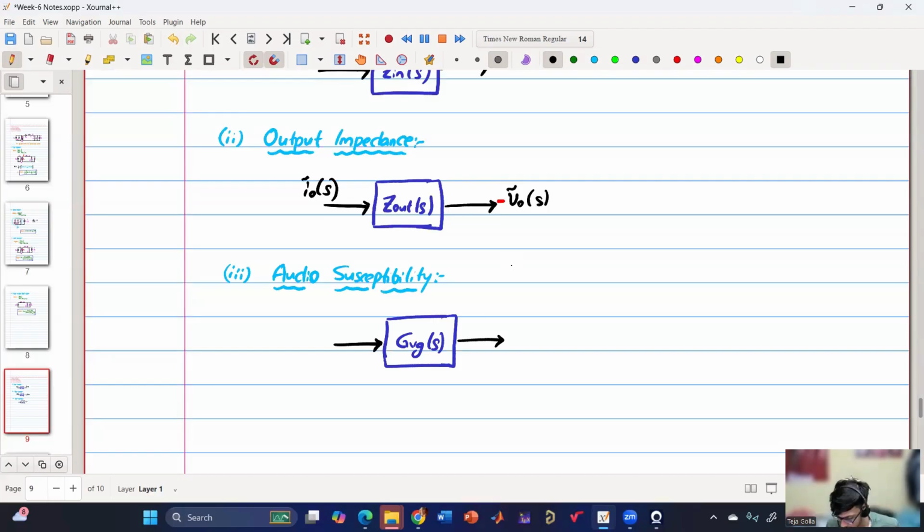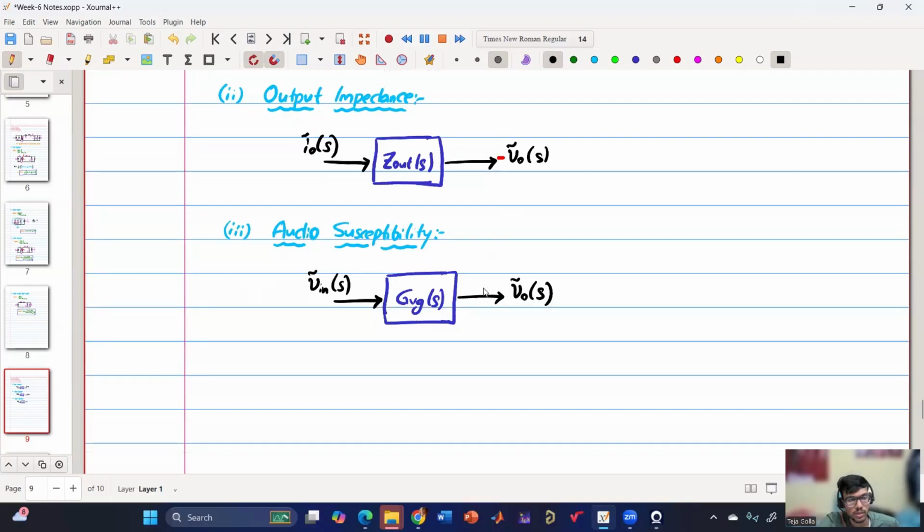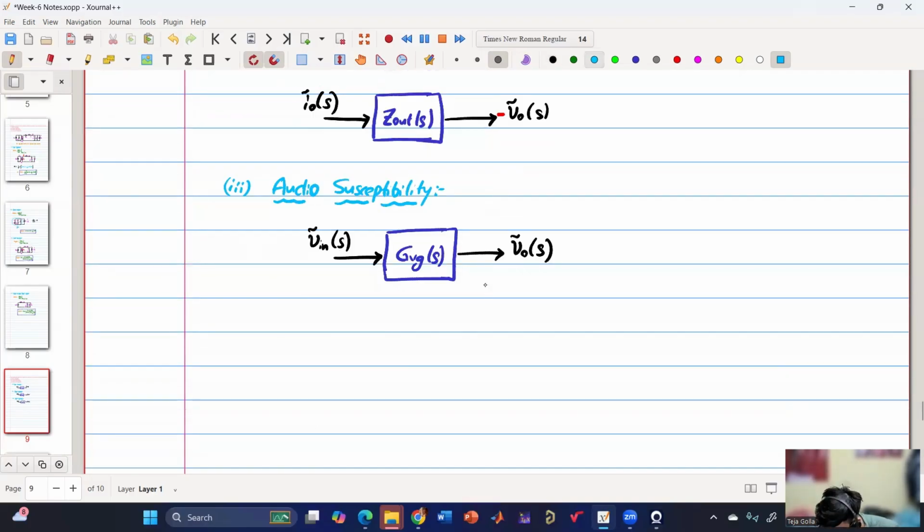Vg is the input, V naught is the output. Okay. And the final one, control to output transfer.